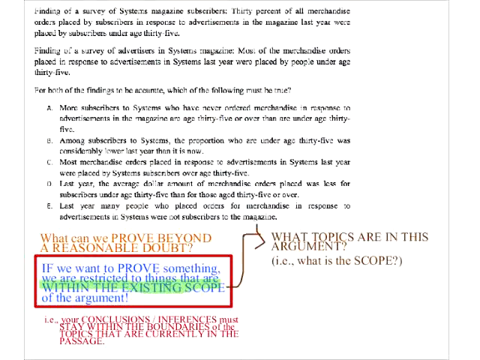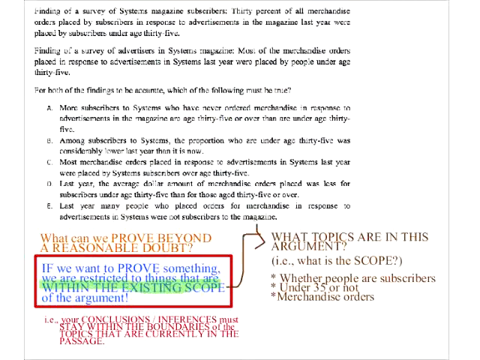So whether people are subscribers, whether people are under 35 or not, and merchandise orders. This is the entire scope of the passage.